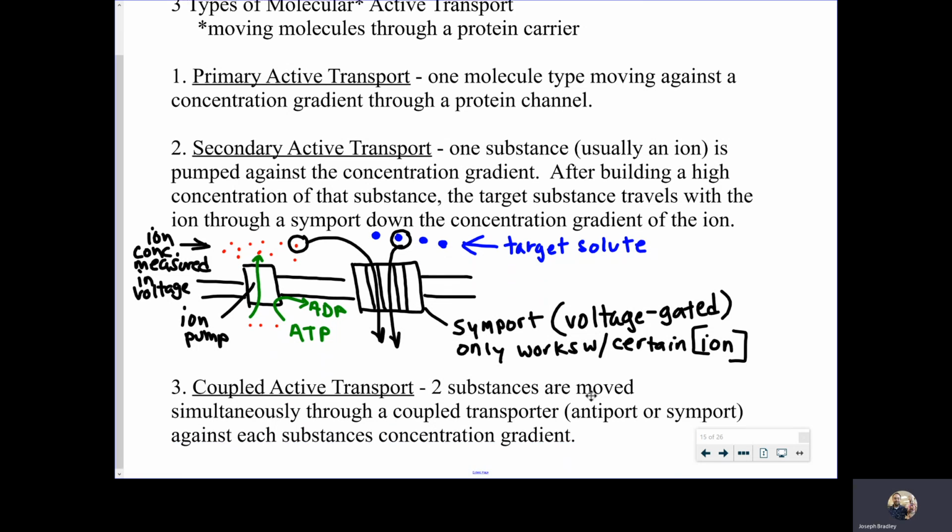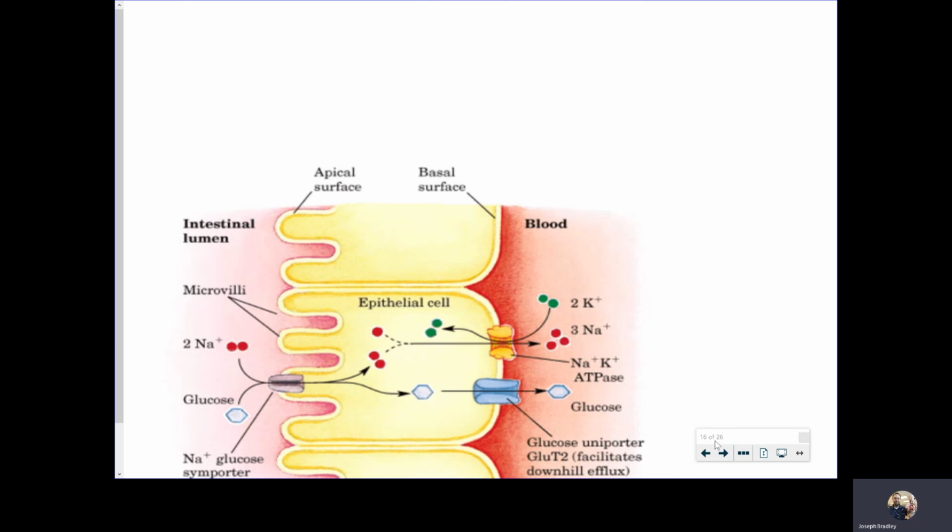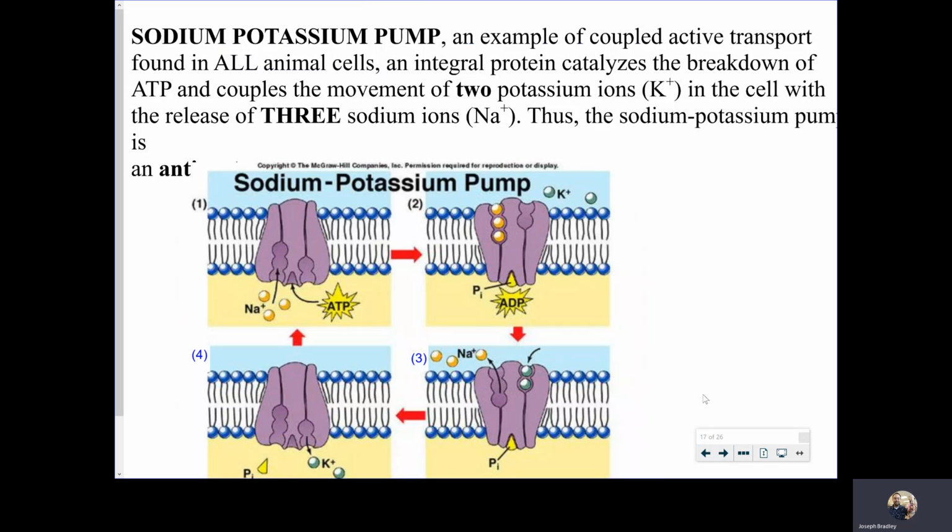Then there's coupled active transport, which is where you're moving two things simultaneously. The famous example of coupled active transport is the sodium-potassium pump. What you see here is, in step 1, sodium bonds to the attachment site.